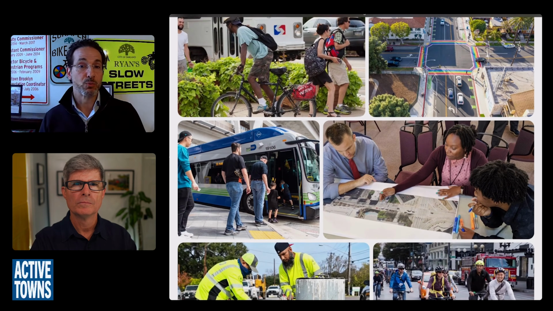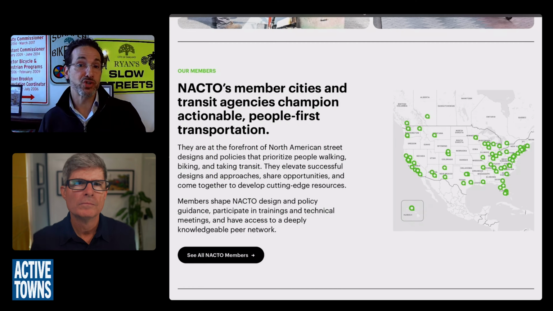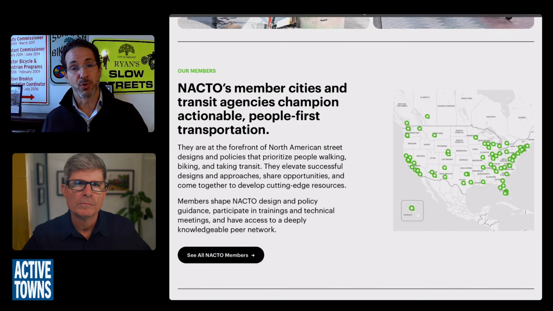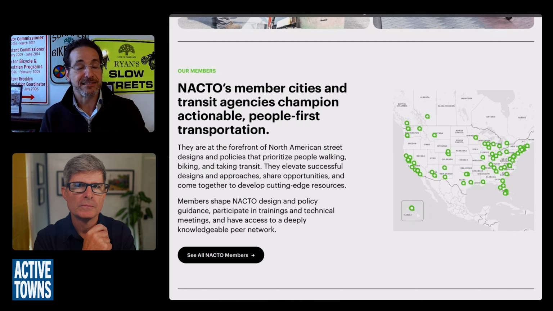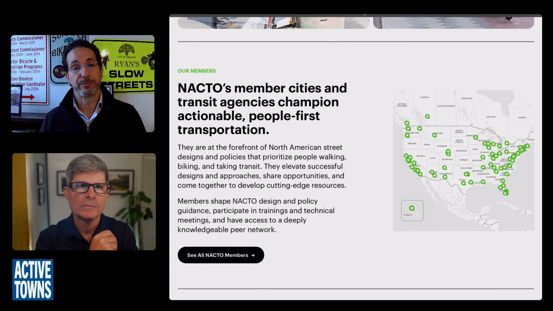But really, we're looking for places that want to share this vision for a safer, more sustainable, more equitable transportation system that is not focused on the single occupant vehicle and auto dependency. And so if you want your city to be that way, you should really join NACTO, and joining has that acceleration capability by getting access to that technical assistance and knowledge that exists in the whole NACTO community.